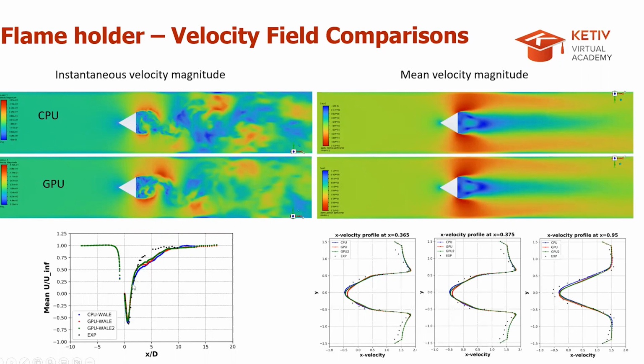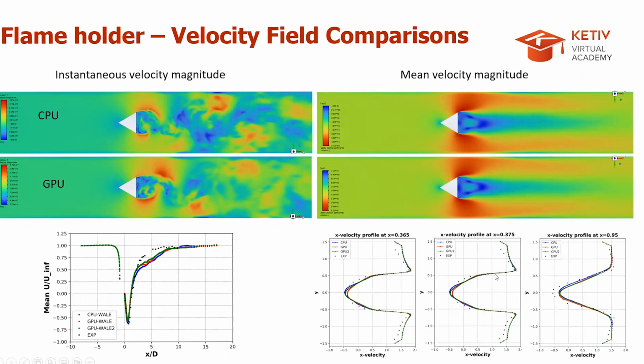And here you're looking at the mean velocity and also comparing it with the experiment. The CPU and GPU results look fairly comparable. They deviate a slight bit from the experimental results. But if you're just comparing GPU and CPU results, they're fairly consistent, even at different X velocity profiles at different locations.